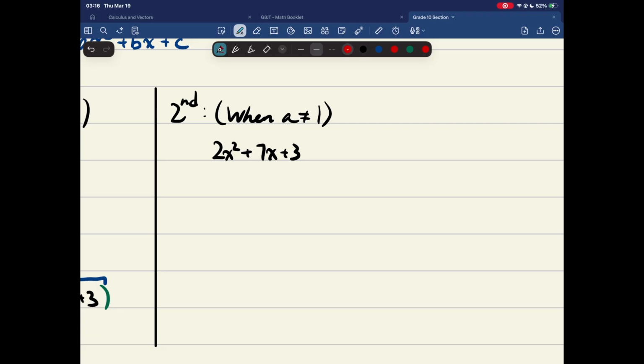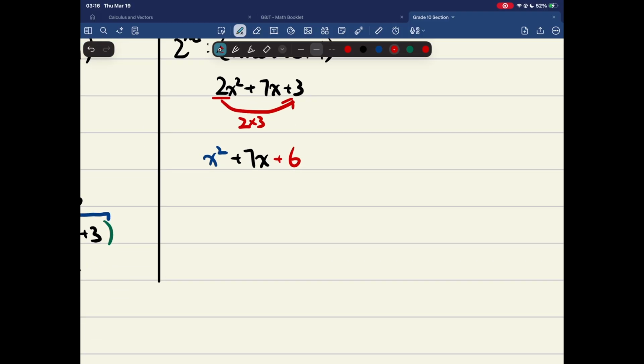You grab the 2 and multiply it with the c term, so it will be 2 times 3. So it will be x squared plus 7x plus 6.